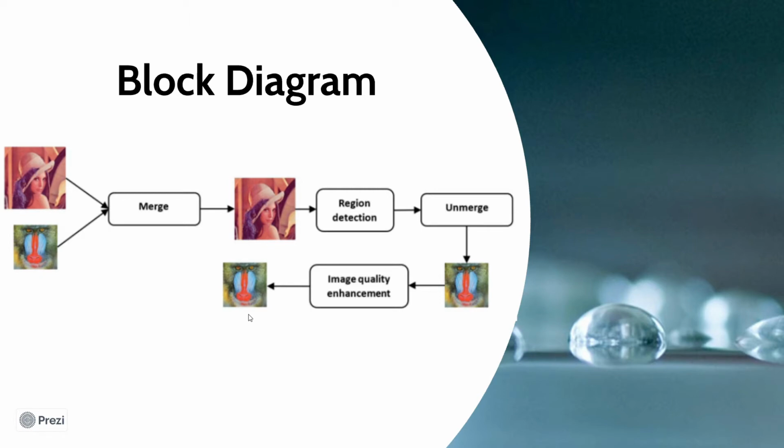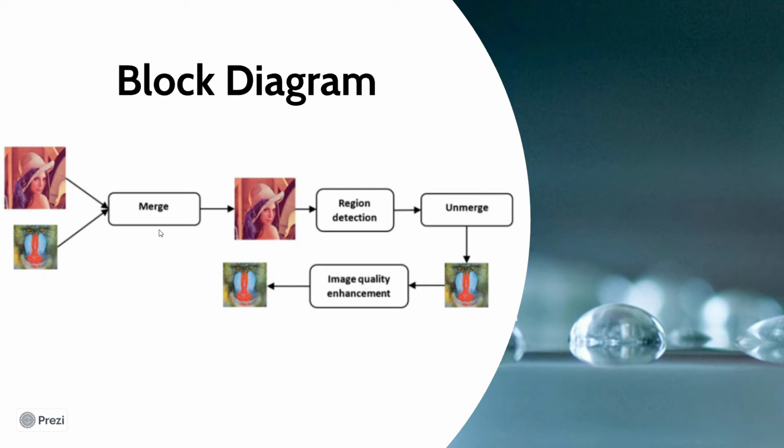So the aim of this project is to hide this hiding image inside the host image in such a way that this container image, which is formed by hiding this image inside this, and the host image should look almost similar. That is one of the main aims of the project. The second aim is that we should be able to reconstruct this hiding image from this container image.